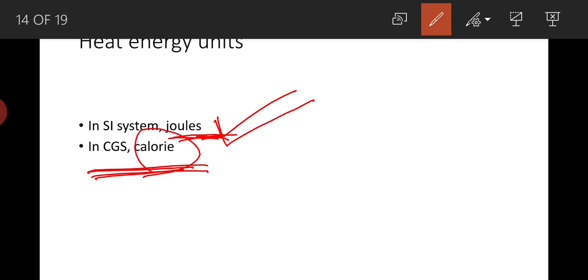It is named in honor of the scientist Calorie, who worked extensively in thermodynamics.